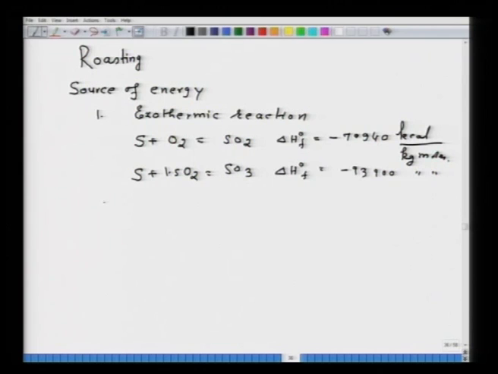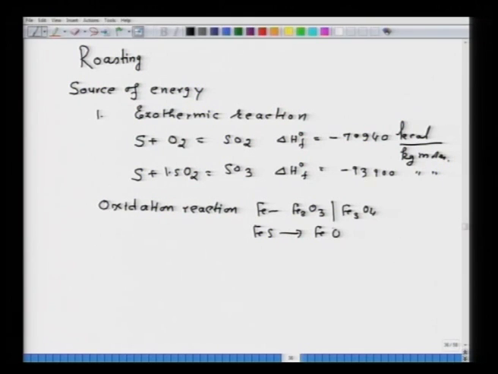Or certain other oxidation reactions, for example, iron to Fe2O3 or Fe3O4 may also release heat, then FeS to FeO or ZnS to ZnO and so on. They are also a source of energy as required for almost all pyrometallurgical extraction.